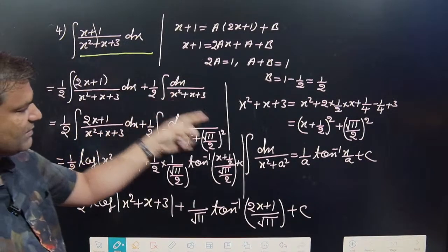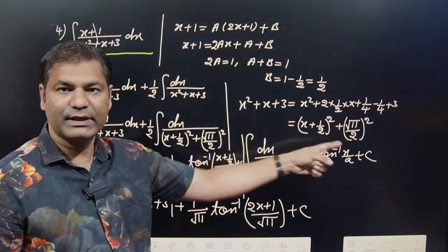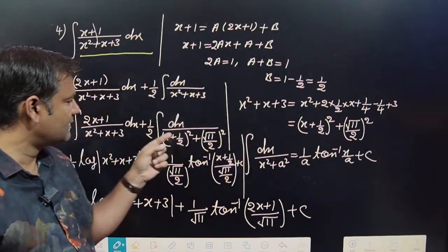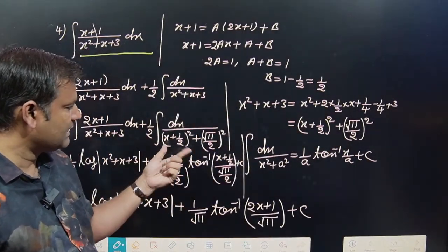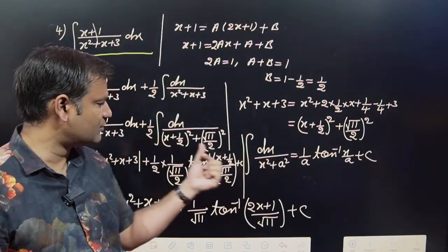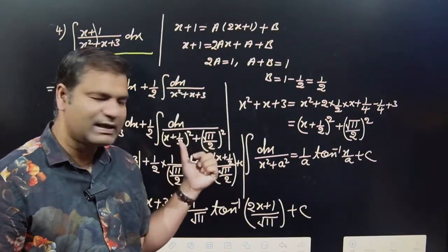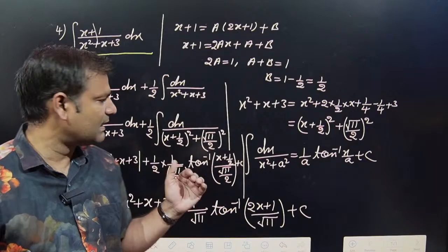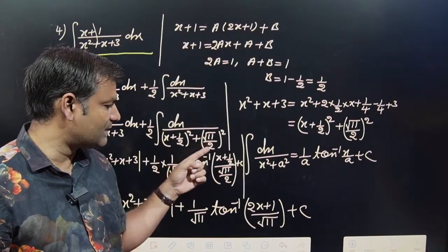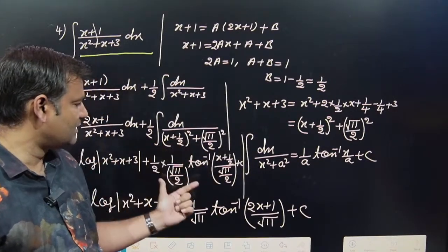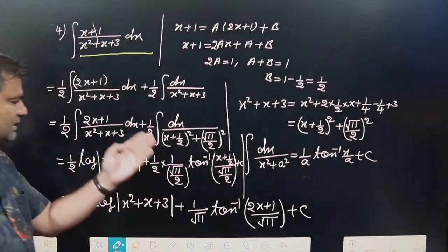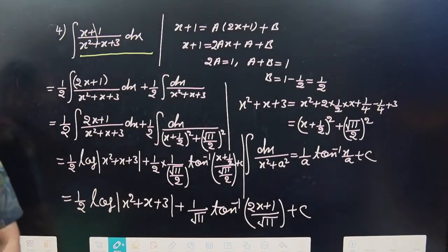After that make this a perfect square. If we make the perfect square, then put that value. And this one matches the corresponding formula, so x is replaced by x plus 1 by 2 and a is replaced by root 11 by 2. So now put these two values here, and then integrate and find the answer.